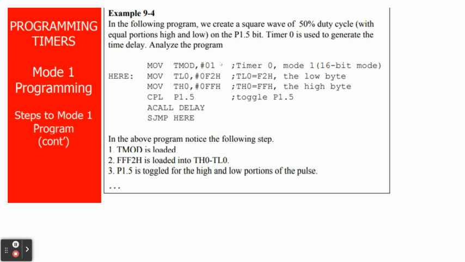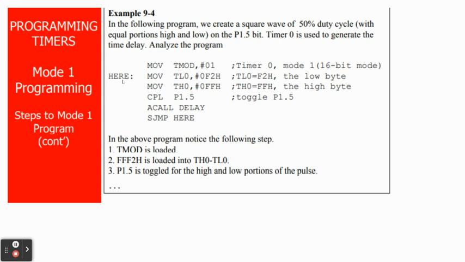Of course we can use either timer 1 mode 0 or timer 0 mode 1, but we will take into consideration the one with the number 1. This means we are using timer 0 mode 1, which is 16-bit mode.